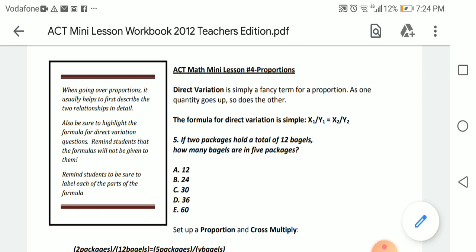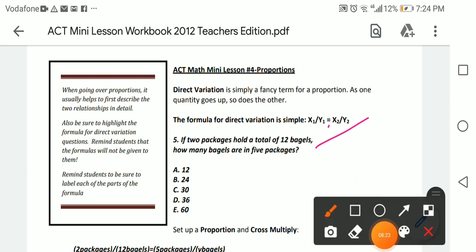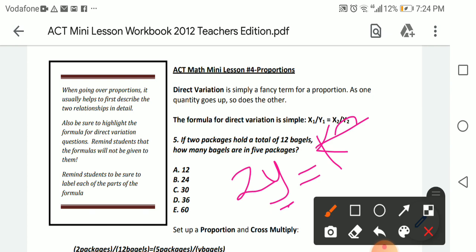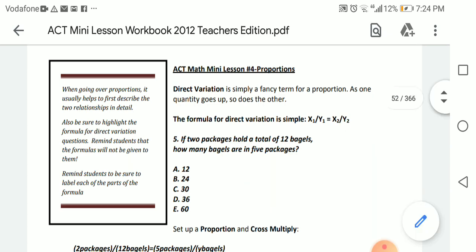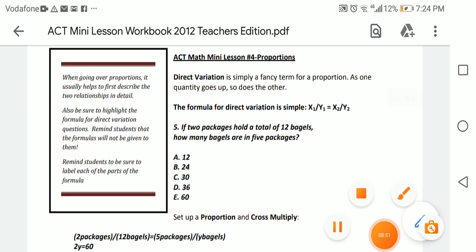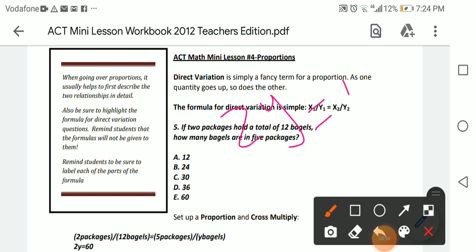When we are solving examples, this is the best way of explanation. If 2 packages hold a total of 12 bagels, I don't know what the bagels are, so I can use y instead: 2y equals 12.